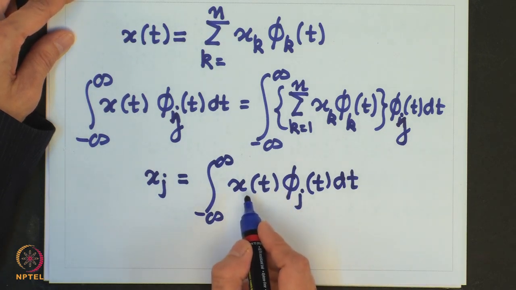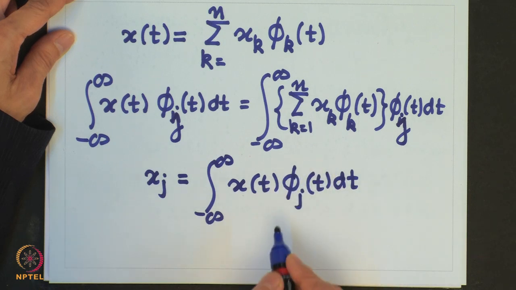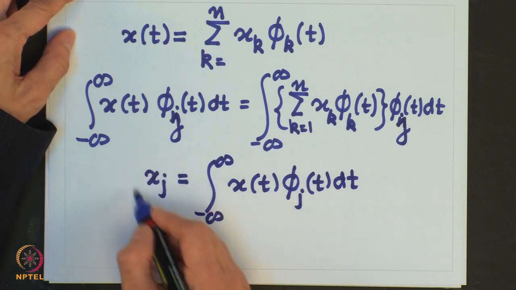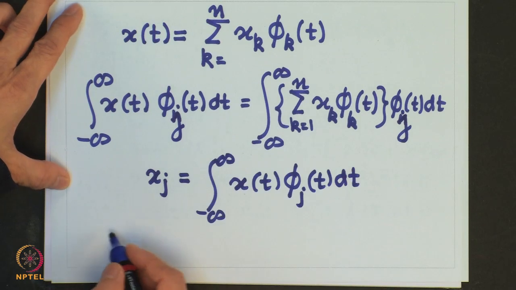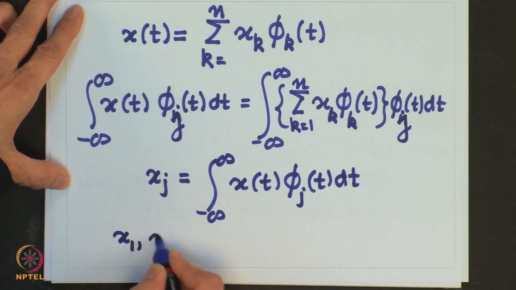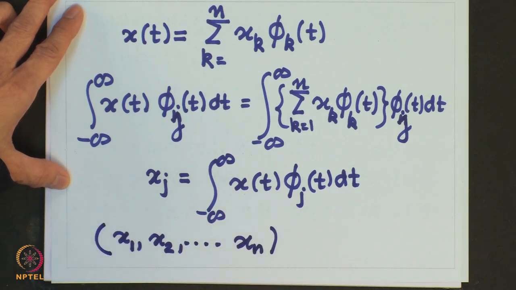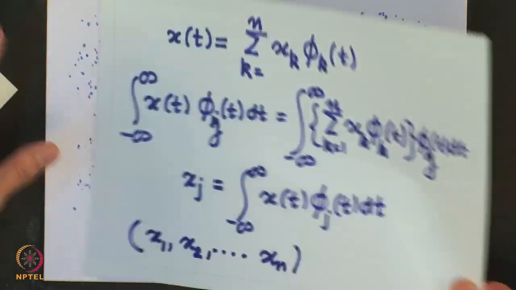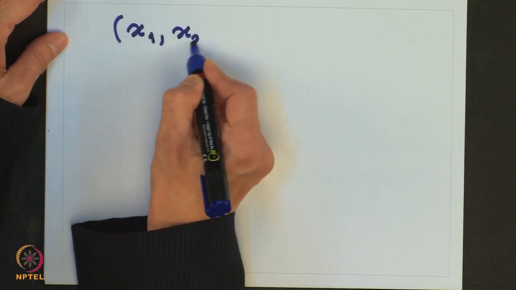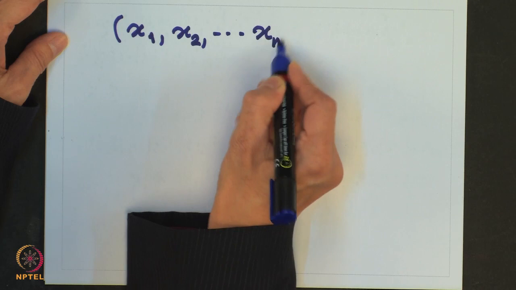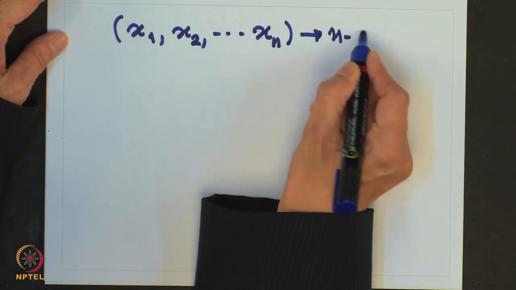So, once this orthonormal basis signal set is specified, x(t) can be represented by this n tuple. So, I can get my x1, x2 up to xn. What it means is that alternatively x(t) can be geometrically represented by a point in the space x1, x2 up to xn, and this is your n dimensional vector.